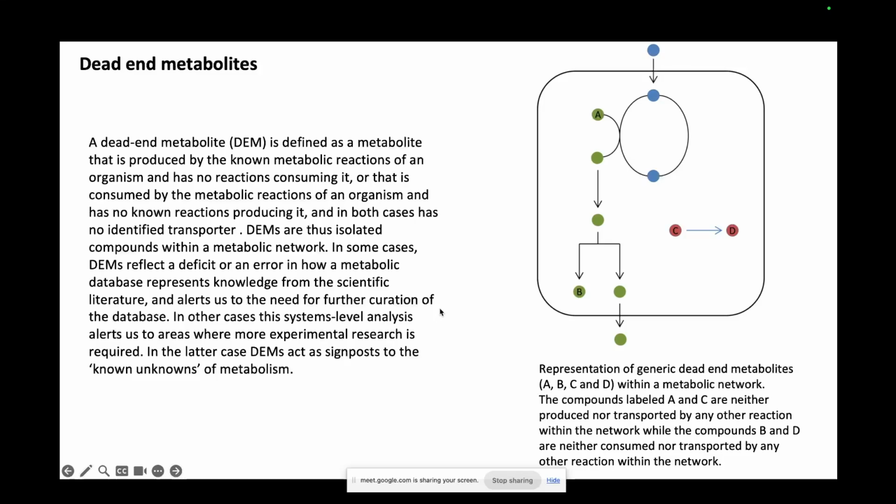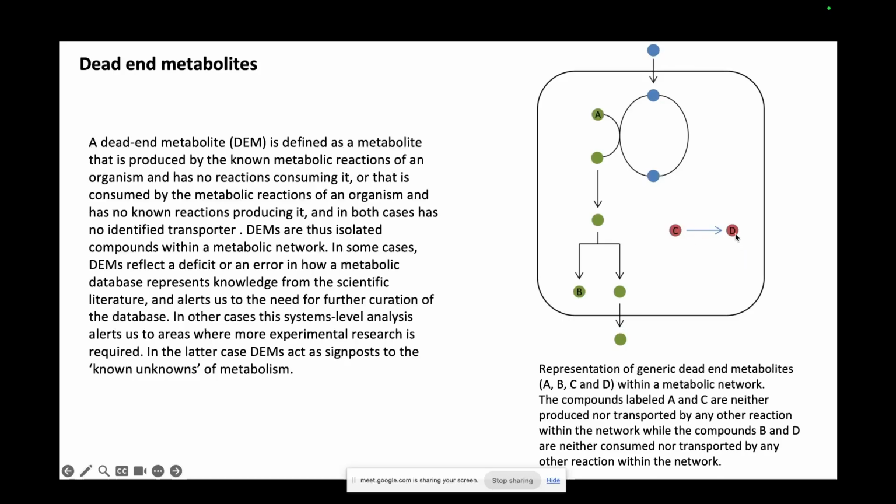Next comes the concept of dead-end metabolites. This we also discussed earlier. In the whole network, it is a metabolite that is produced by the known metabolic reactions of an organism, but it has no reactions consuming it. For example, it starts from here, the blue element comes in and it produces the green element.